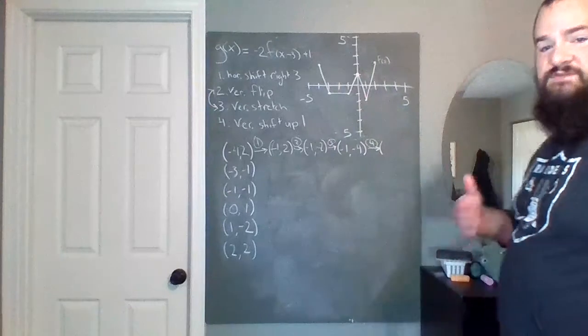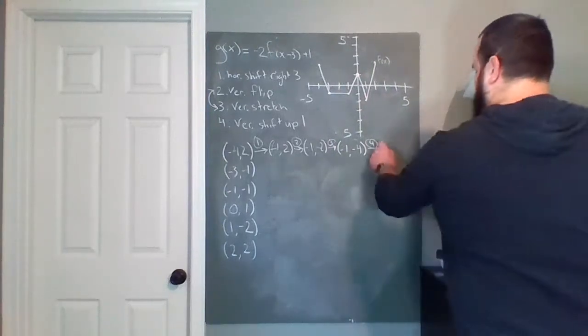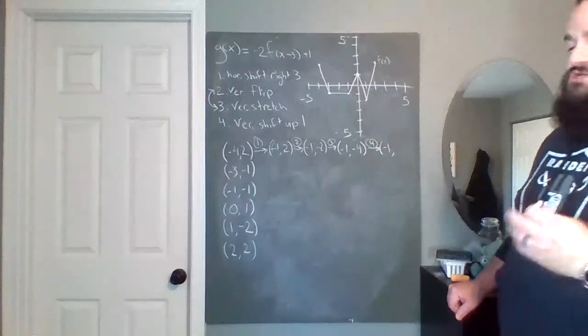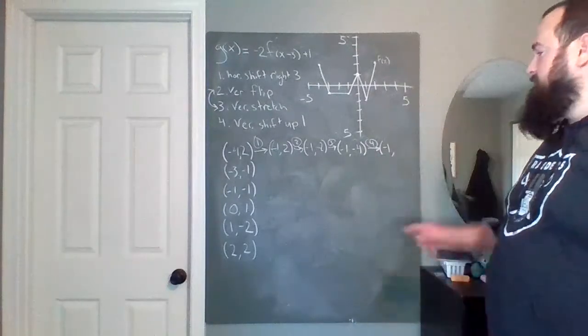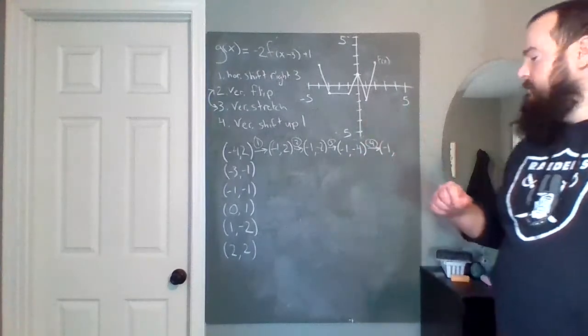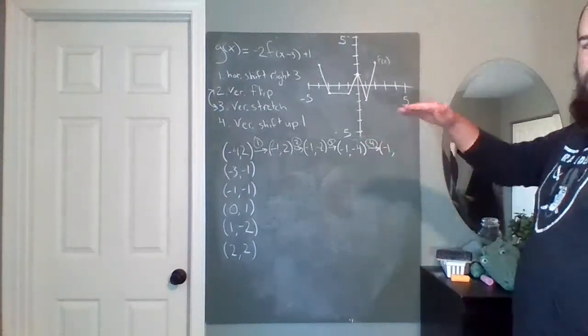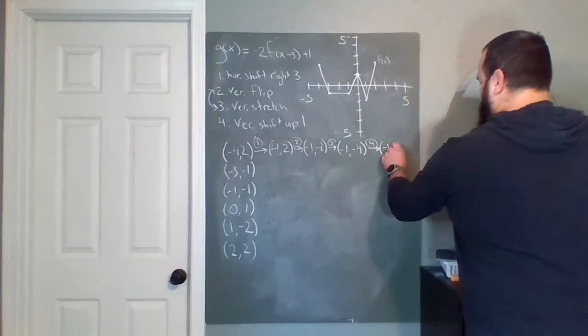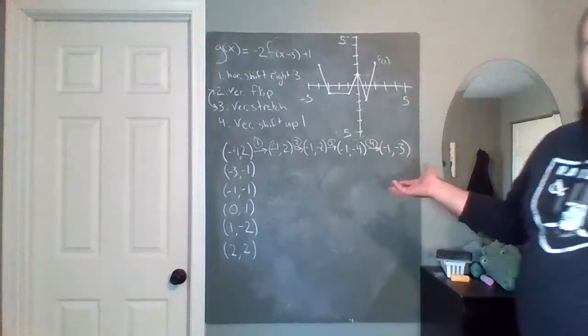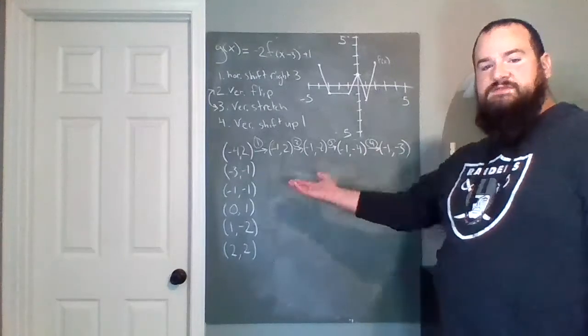Vertical shifts don't affect the inputs, so that is still going to be -1. Now we're doing a vertical shift up 1 unit. So we take this -4 and go up 1. If we're at -4 and we go up 1, that puts us at -3. And that is all of our transformations that have been applied.